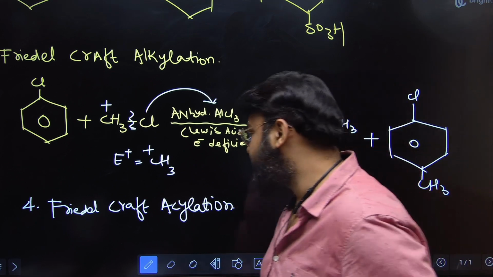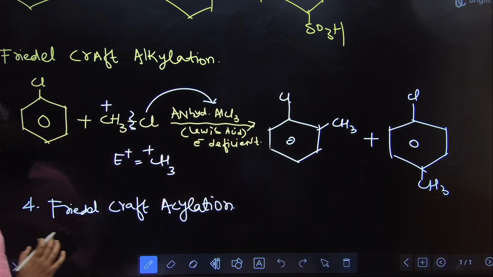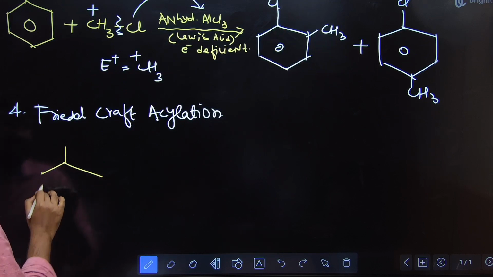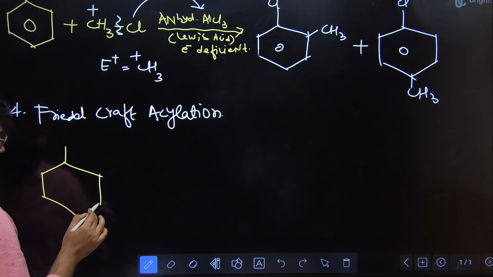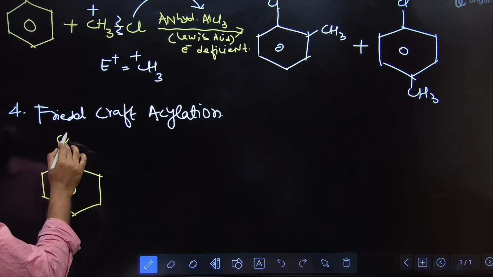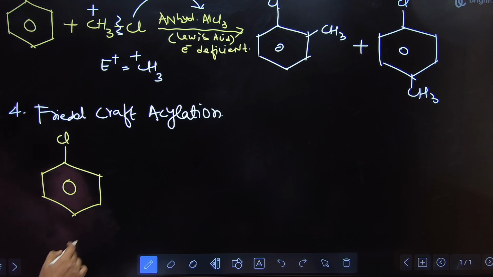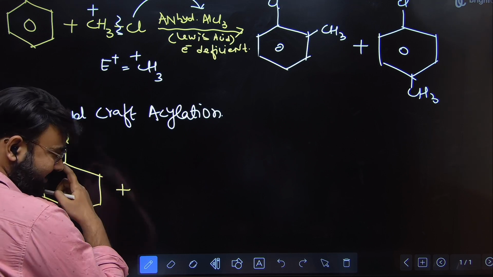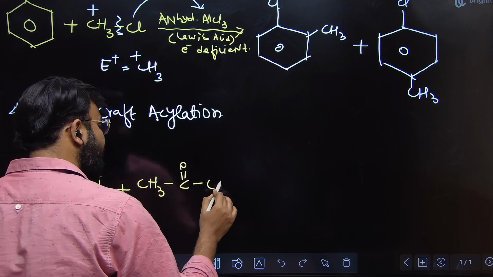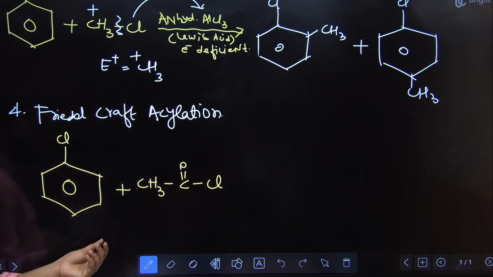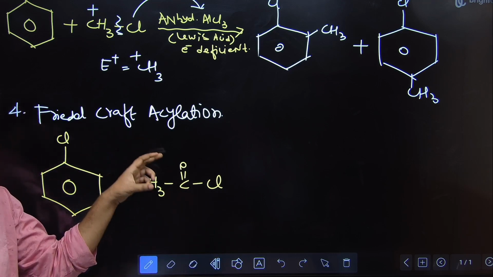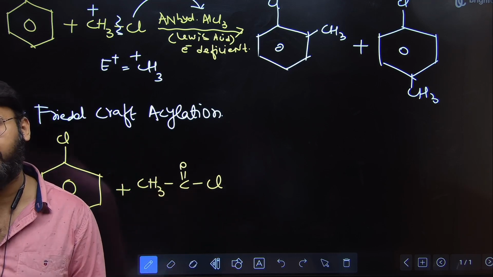So guys, let's discuss this acylation, how it will take place. Guys, see this? This is the haloarene. In acylation, what I told, we add acid halide. So CH3COCl. Do you see that? Earlier it was alkyl halide, CH3Cl. This is acid halide, CH3COCl. Got it, no?